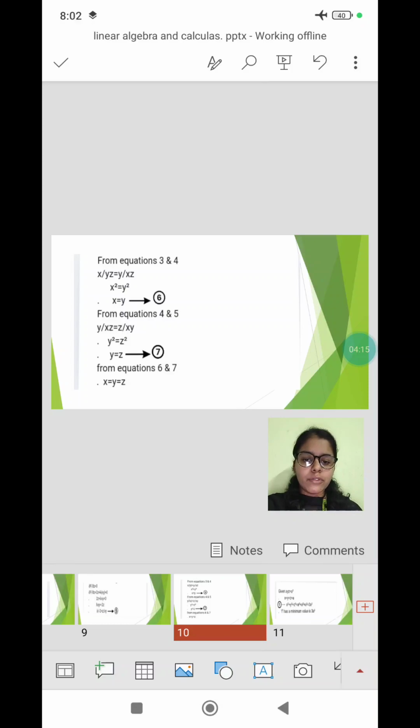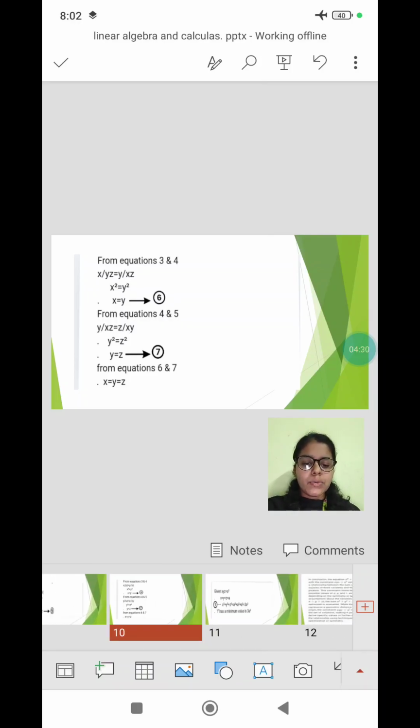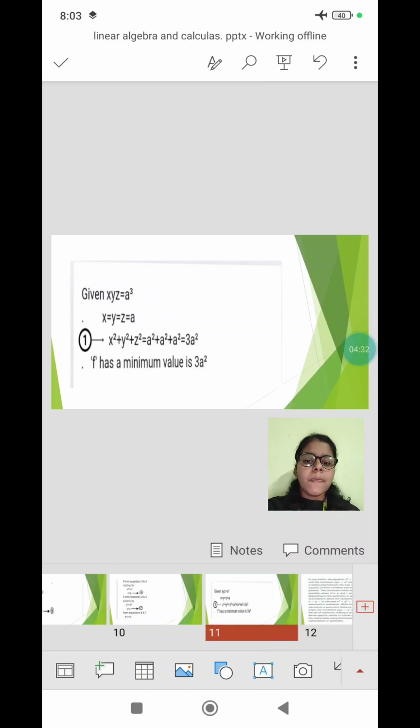From equations 4 and 5, y by xz equals z by xy, z square equals y square, whereas z equals y. This is considered as equation 7. From equations 6 and 7, x equals y equals z. And given that xyz equals a cube, we concluded that x equals y equals z equals a.